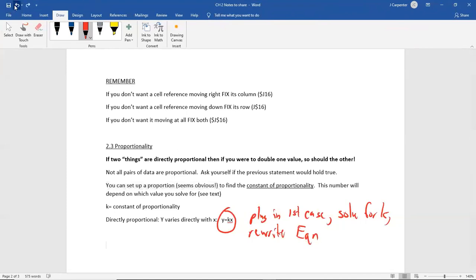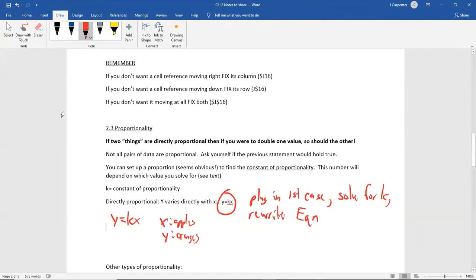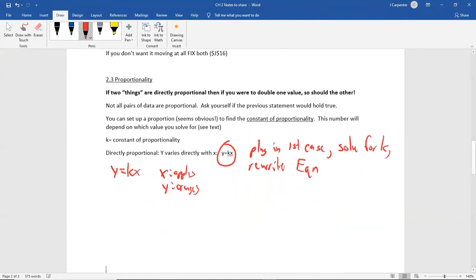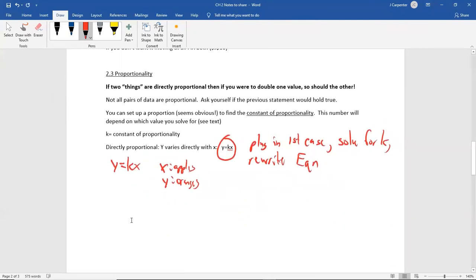So the first thing you'll write is y equals kx, if you think two things are directly proportional. And then to the side, you would say x is the number of apples, and y is the number of oranges. Maybe you decide to call them opposites of each other. You call x the oranges and y the apples. That's okay. There's nothing wrong with that for direct proportionality, thankfully. It can be for more complicated ones.